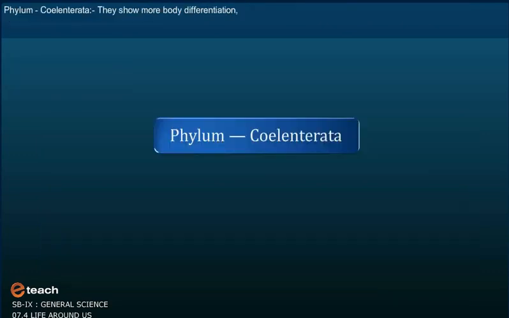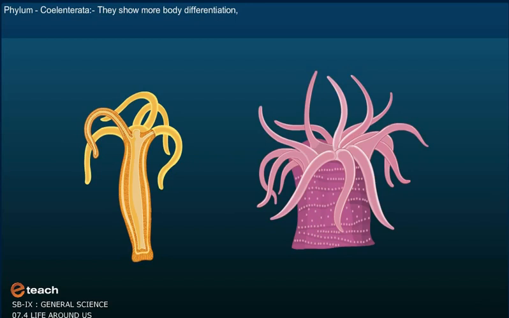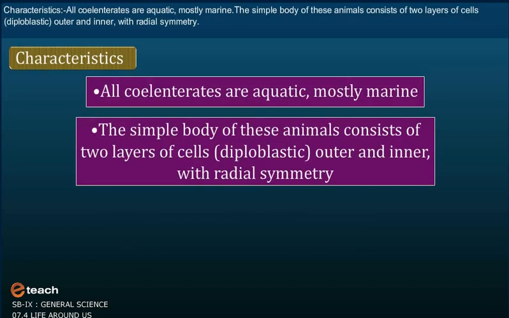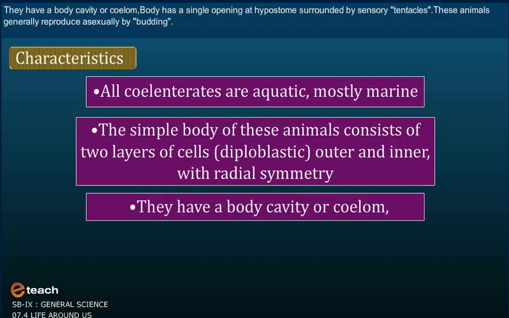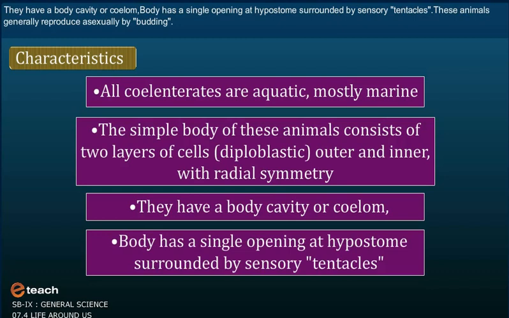Phylum Coelenterata. They show more body differentiation. Characteristics. All Coelenterata are aquatic, mostly marine. The simple body of these animals consists of two layers of cells, diploblastic, outer and inner, with radial symmetry. They have a body cavity or coelom.